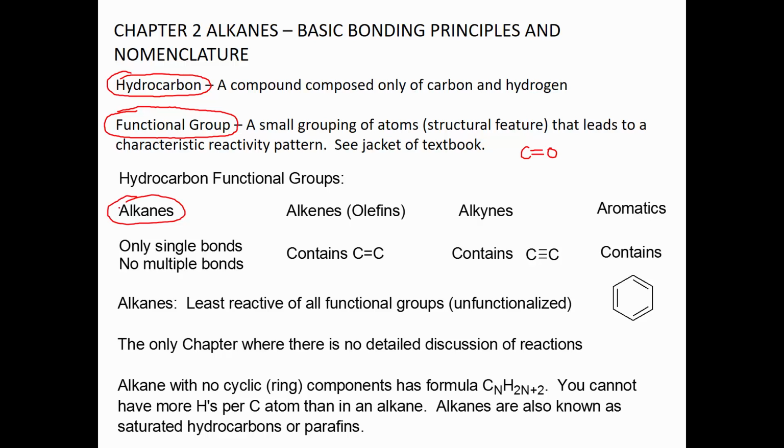Alkenes, or olefins, contain a carbon-carbon double bond. That's a later chapter in the book. Alkynes will contain a carbon-carbon triple bond, and aromatics will contain a benzene ring. Okay, and that's the last chapter in Chemistry 313.